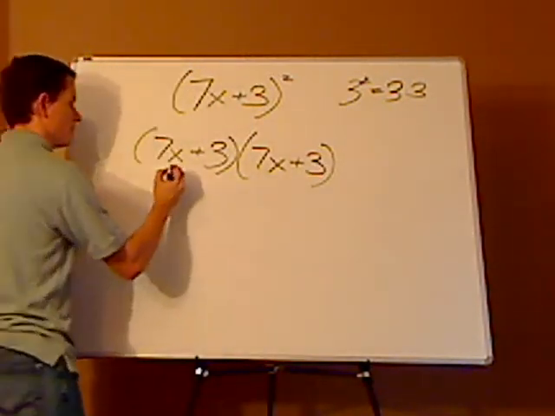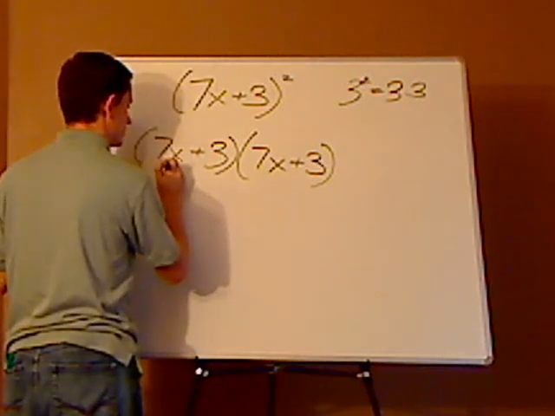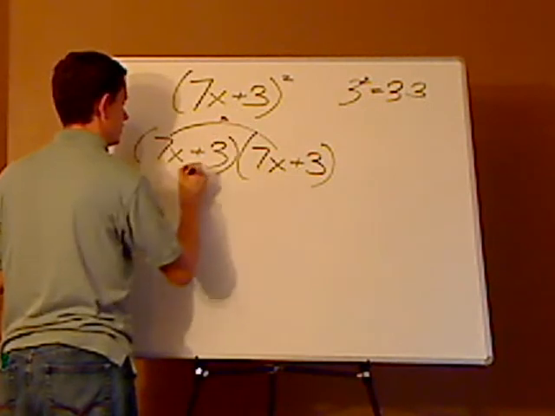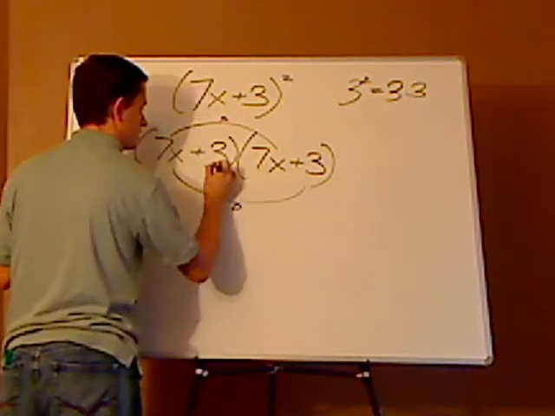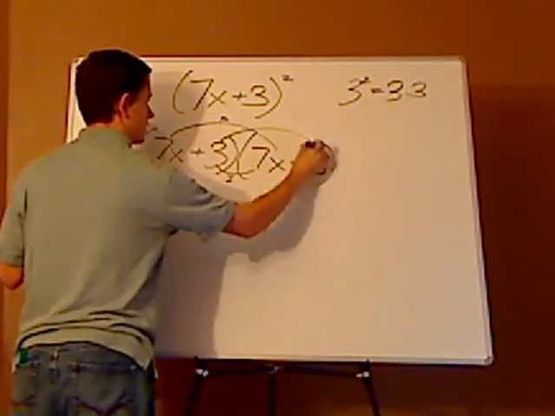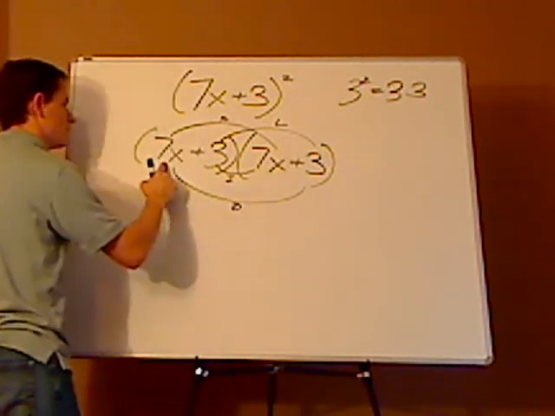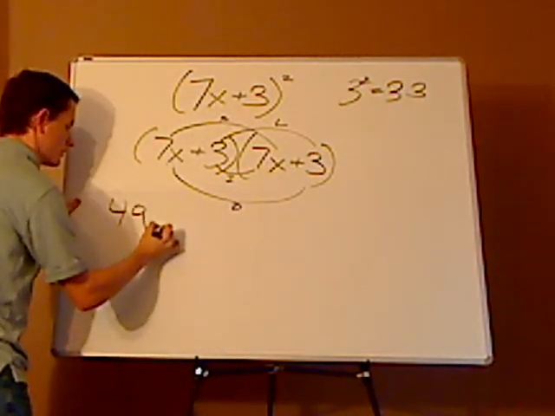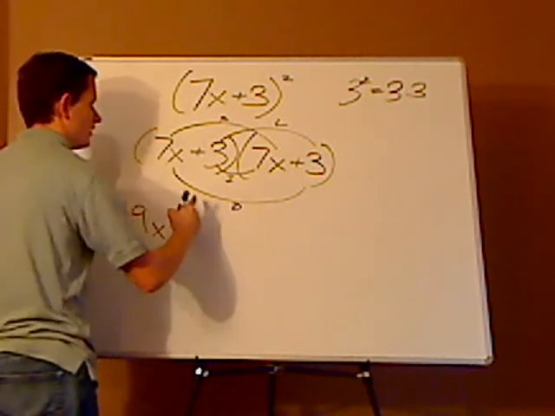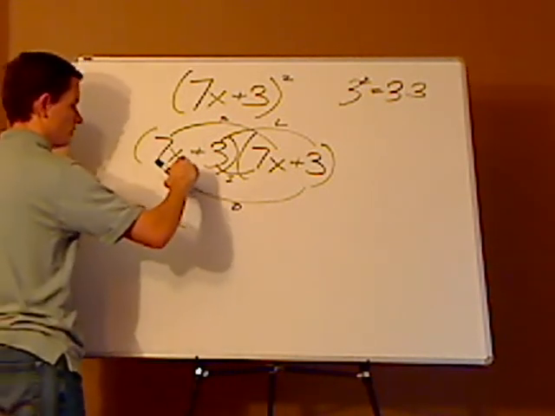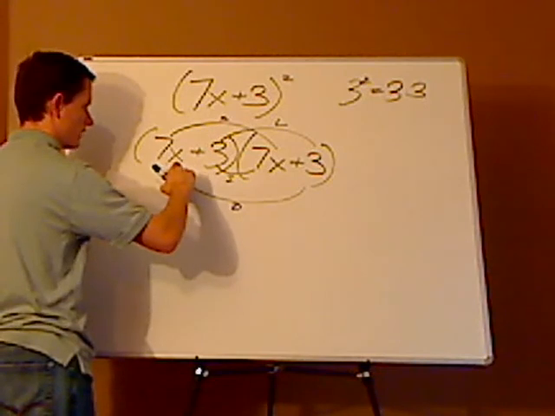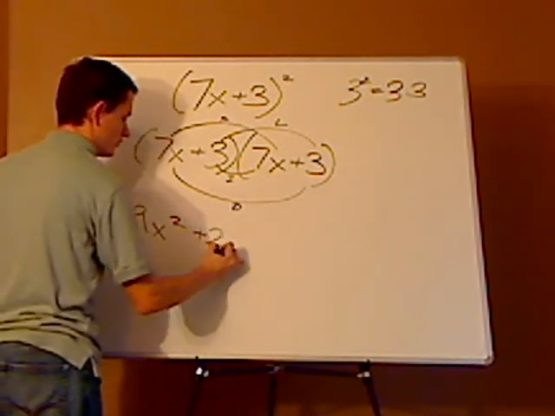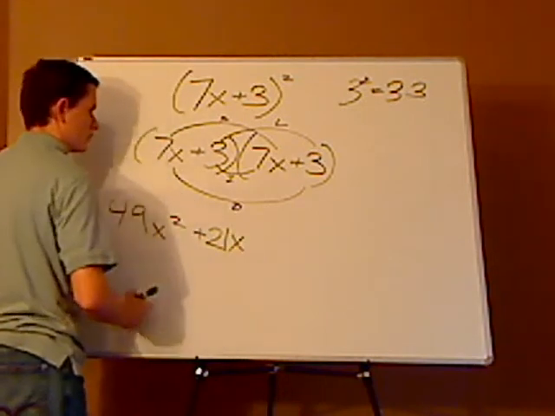So when you FOIL, you have your first, outer, inner, and then last. So 7x times 7x is 49x squared. Now, 7x times 3 gives you 21x.